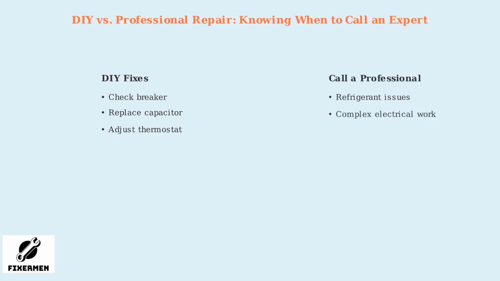However, issues involving refrigerant handling, electrical work beyond basic checks, or suspected mechanical failure require qualified HVAC technicians. Attempting complex repairs without proper knowledge and equipment can lead to safety hazards like electrical shock or refrigerant exposure and may void your warranty.